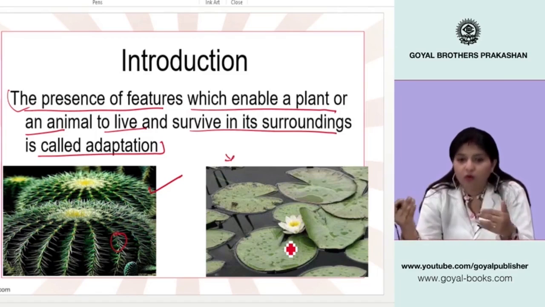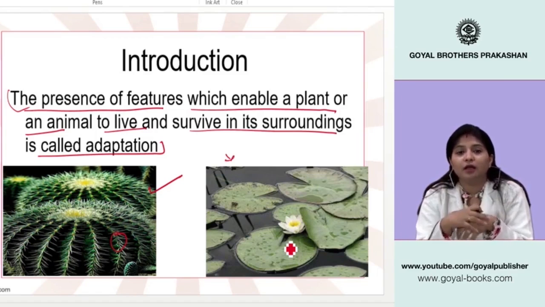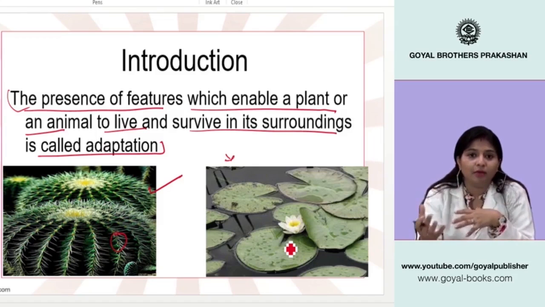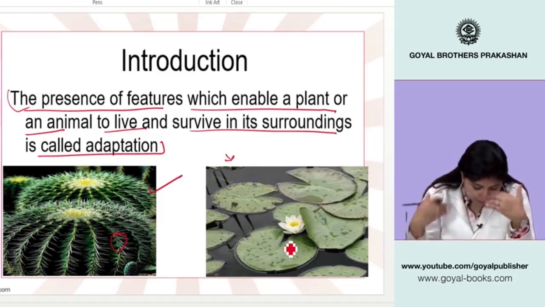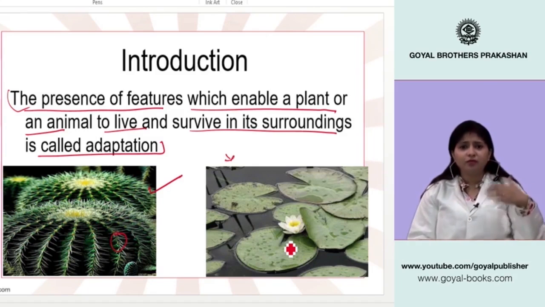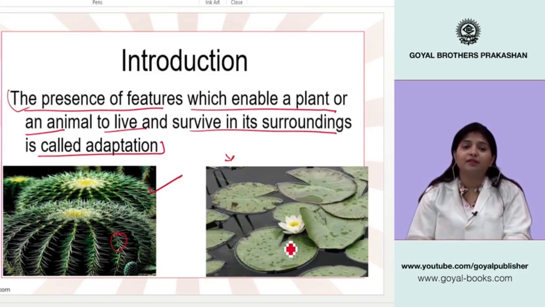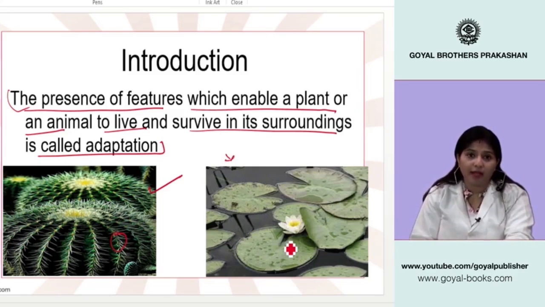So we see how, because of the changes in the environment, a particular organism has adapted itself, be it an animal or a plant. We've seen how different kinds of features are present in different kinds of animals which help them in surviving in that particular type of habitat.